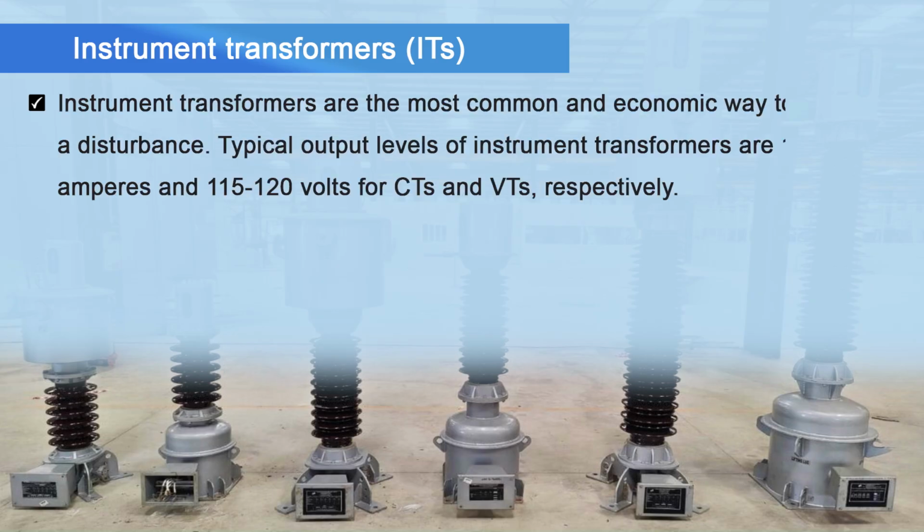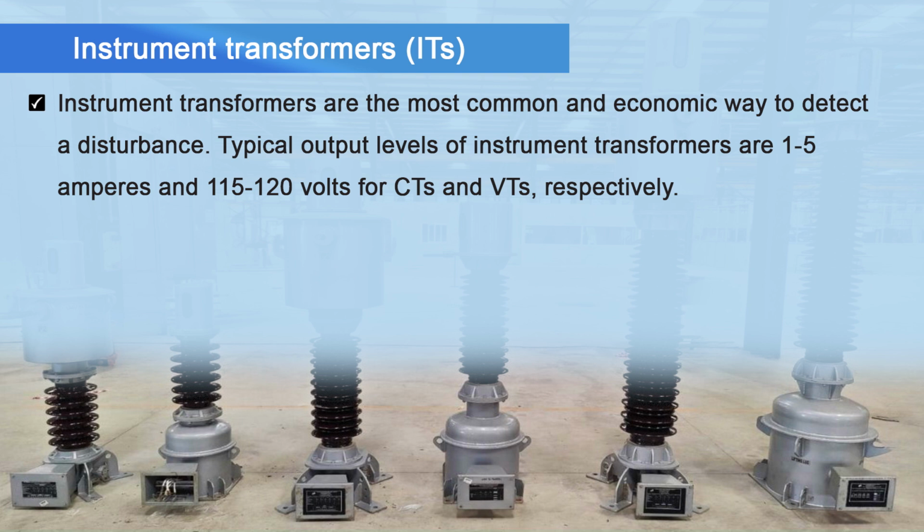So it is a very basic requirement for any power system to sense the current and the voltage in that particular system. So these CTs and PTs are basically used for sensing the current and voltage in a particular power system. So the instrument transformers are the most common and economic way to detect a disturbance.